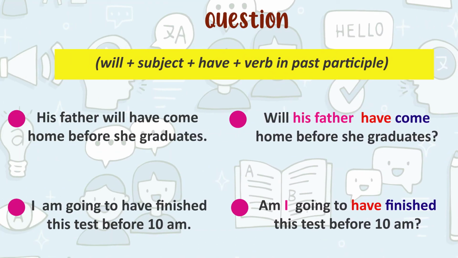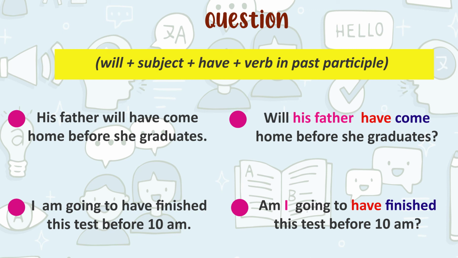If you want to make a question in the yes/no form, we're going to follow the regular structure that we have already learned: the auxiliary, the subject, the verb, and the complement. So in this case we have the structure will plus the subject plus have plus the verb in the participial form. There you can see the sentence, and if we transform the sentence into a question, we're going to say, will his father have come home before she graduates? When we answer, because we have asked with will, we are going to answer with will.